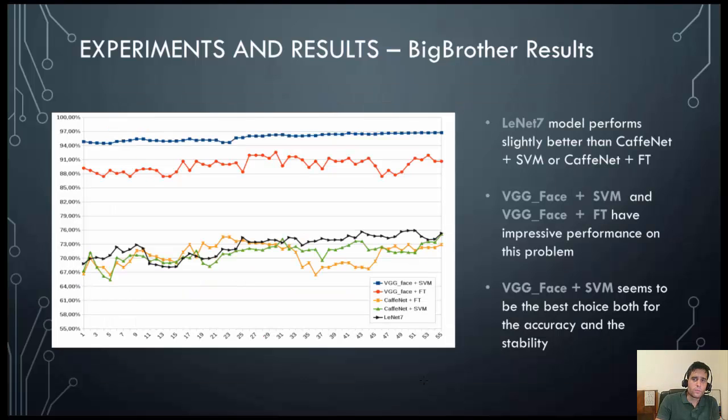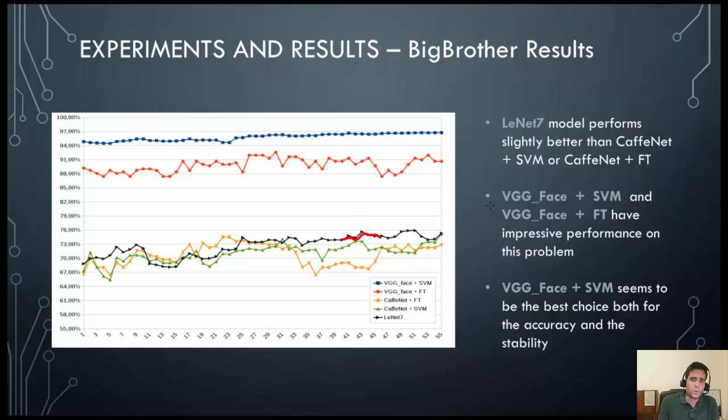And in this case, the LeNet7 model strategy, the black line down here, performs slightly better than the CaffeNet plus SVM and the CaffeNet plus FT.